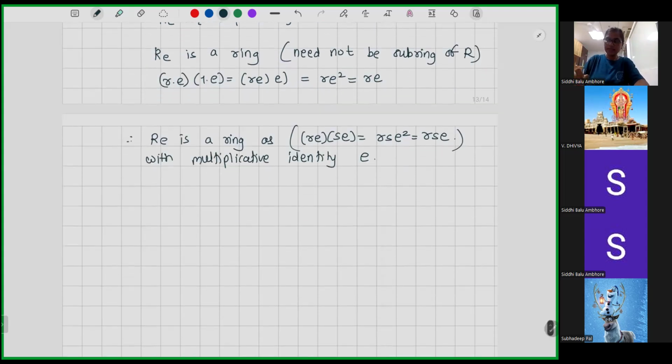Similarly, as Subhadeep again pointed out, this 1 minus E, now again in R. I'm writing here in R to avoid confusion when we are in R and when we are in RE.